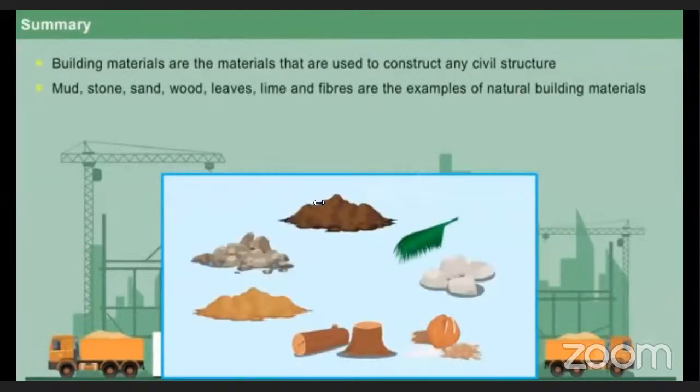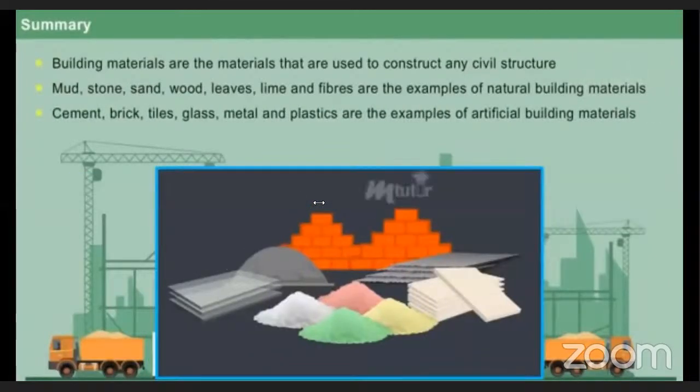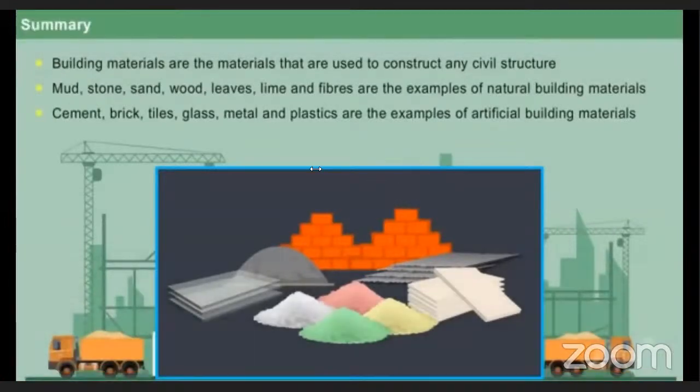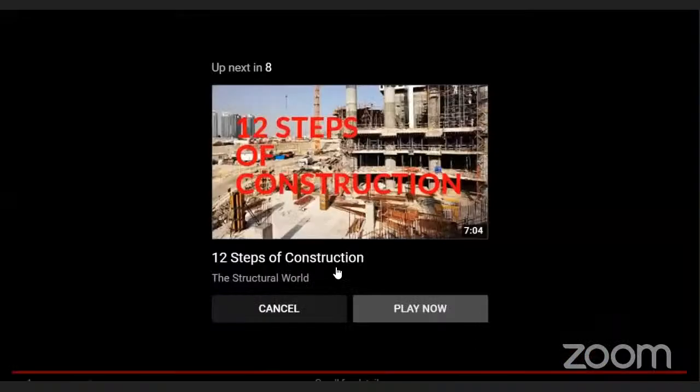Mud, stone, sand, wood, leaves, lime, and fibers are examples of natural building materials, whereas cement, brick, tiles, glass, metal, and plastics are examples of artificial building materials.